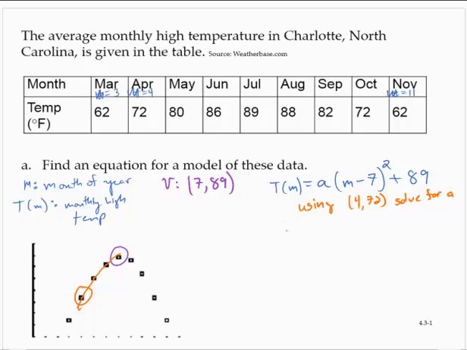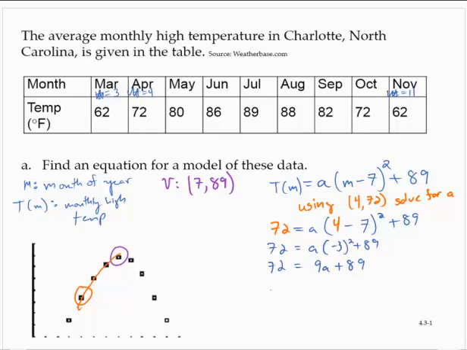So then that would give me 72 is equal to A times 4 minus 7 squared plus 89. There's only one variable left there, A, and so I can solve for that. 72 is equal to A times negative 3 squared plus 89. Negative 3 squared is 9. A times 9 is 9A. 9A plus 89.